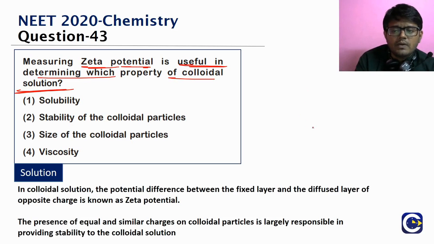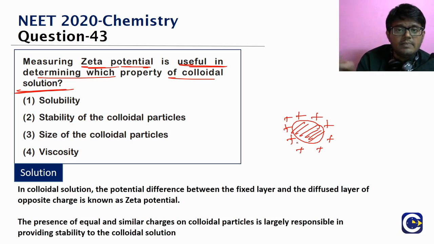When we look at a colloidal particle, it will form a charge layer. What kind of charge particles will be adsorbed on the surface of colloidal particles? There will be various factors that will influence. But what we will see is that there will be a charge layer of particles on the colloids.